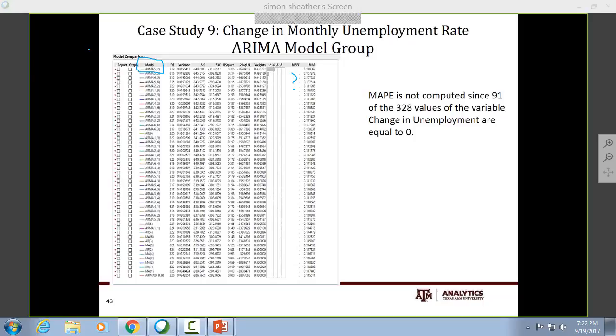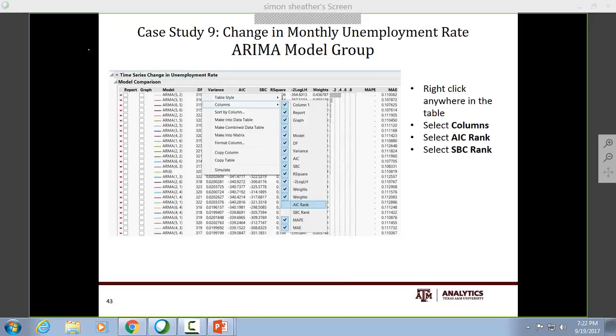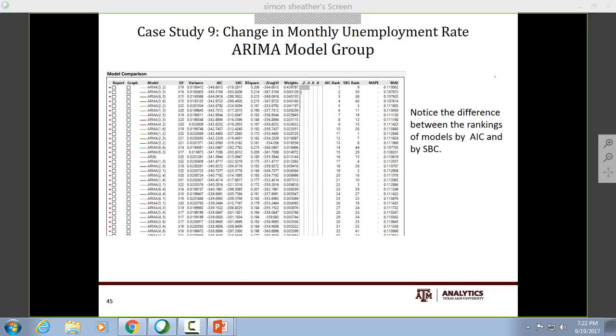So there's a great thing you can do in JMP. Click anywhere in the data, click on columns, ask for the AIC rank and the SBC rank, and they will be added to the data. So if you look, the model that's ranked 1 in AIC is ranked 9 by SBC.